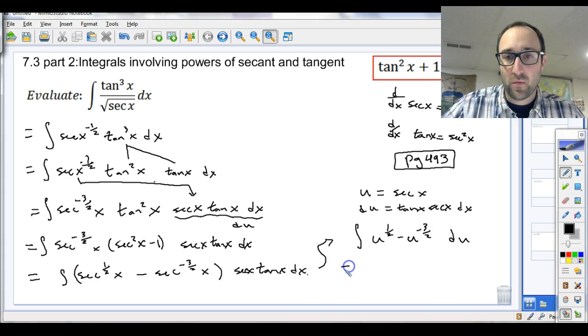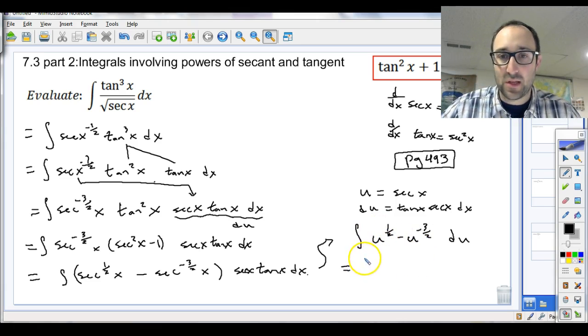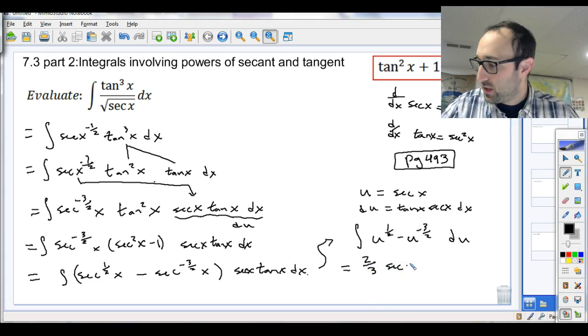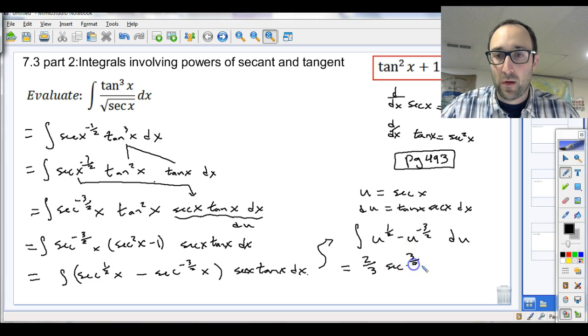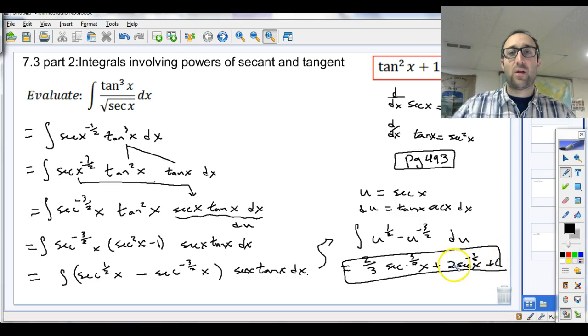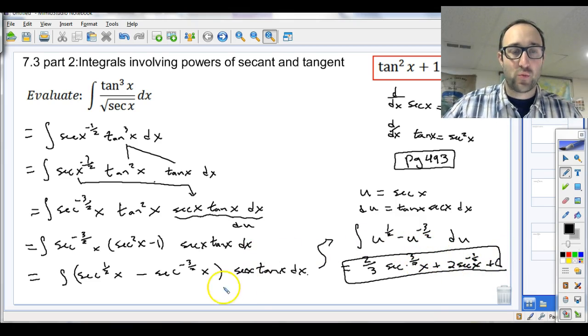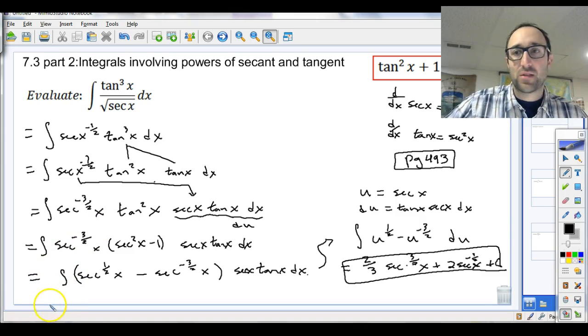Then from there, I'm going to save some time and say that's going to be 2/3 of secant to the 3/2 x plus 2 secant to the negative 1/2 x plus c, and that would be this first one. That's a lot of extra work here. They're not always going to be this tough, but that is the first one. I think I'll actually make this into 2 videos, and we'll do the rest of them in a whole new one.